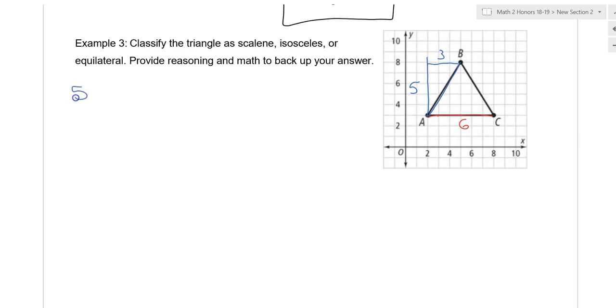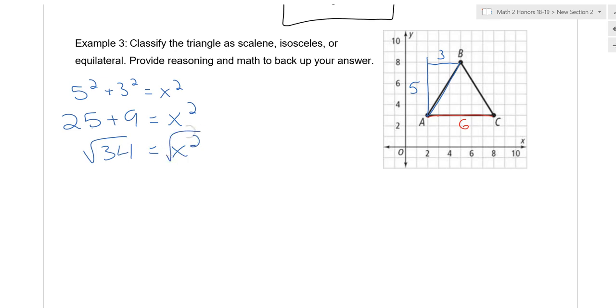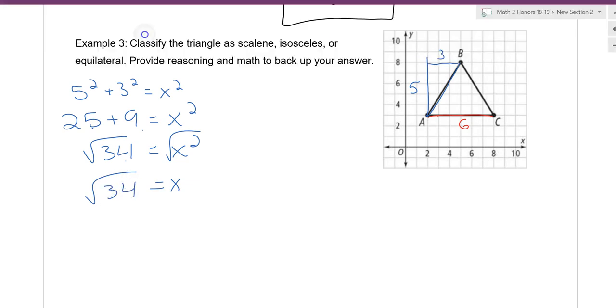So we have 5 squared plus 3 squared equals x squared. Adding those, I don't know why I did the square root earlier. 25 plus 9 is 34. Take the square root, and we get the square root of 34.